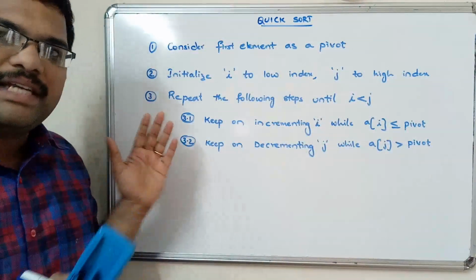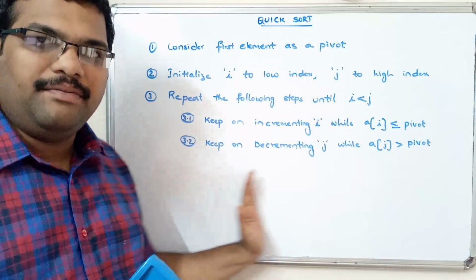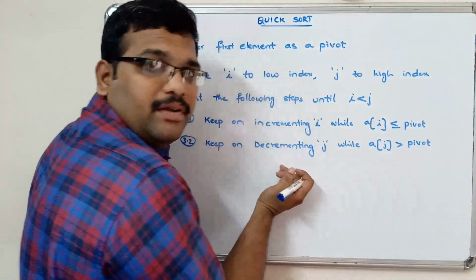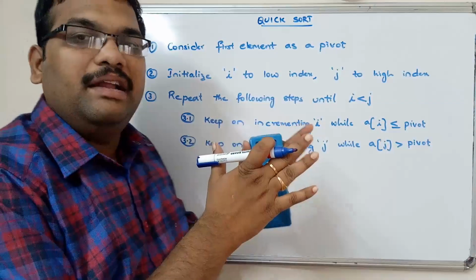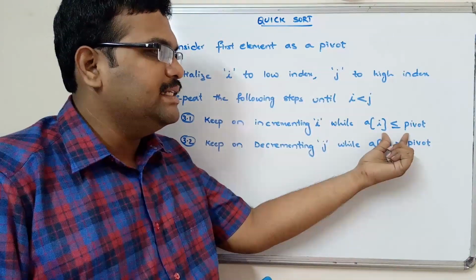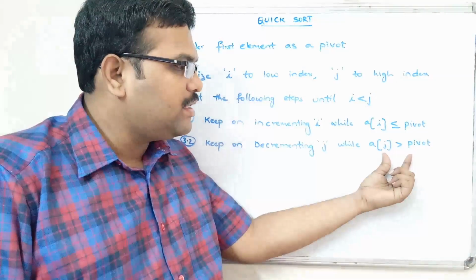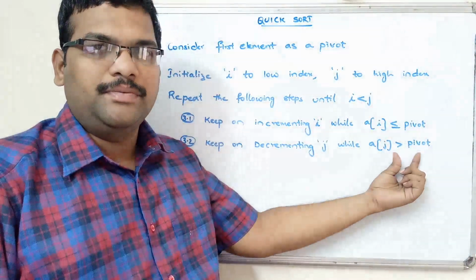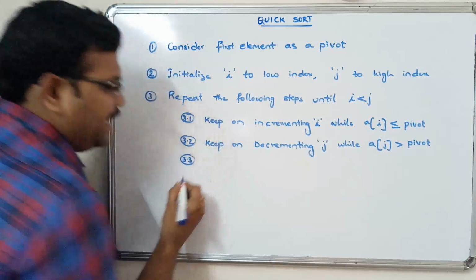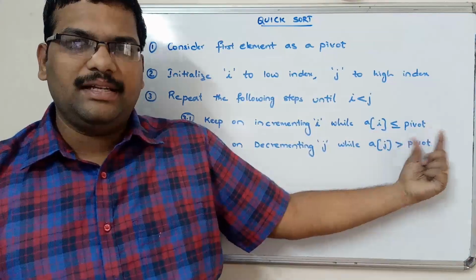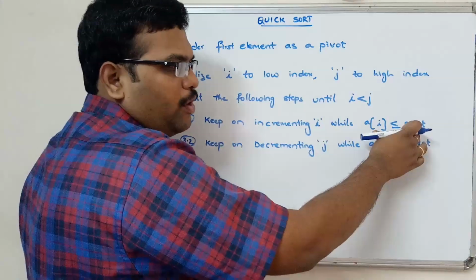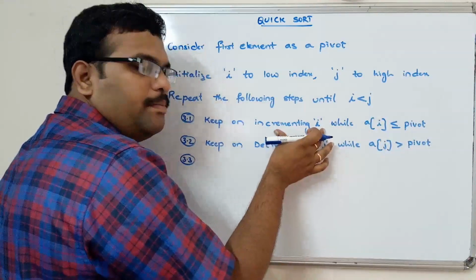So from the start we increment i towards the right, and we decrement j towards the left. While incrementing and decrementing i and j, we check whether A[i] is less than or equal to the pivot, and whether A[j] is greater than the pivot. Next, if these two conditions fail at some point, we have to stop incrementing i.